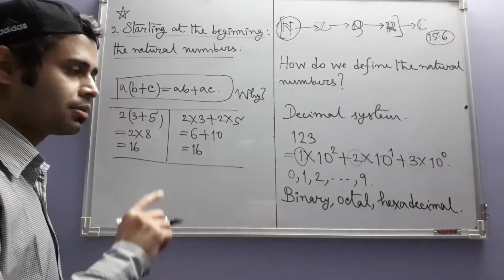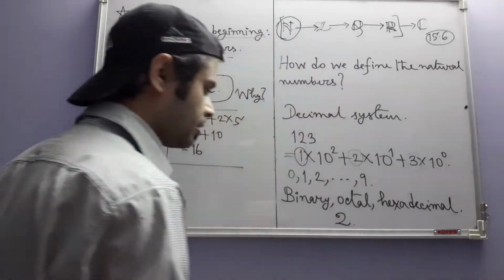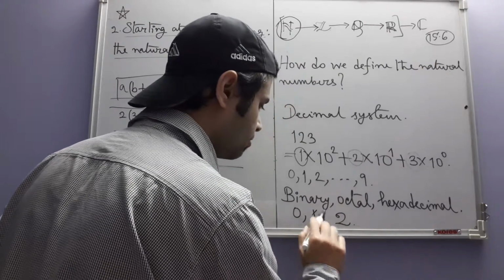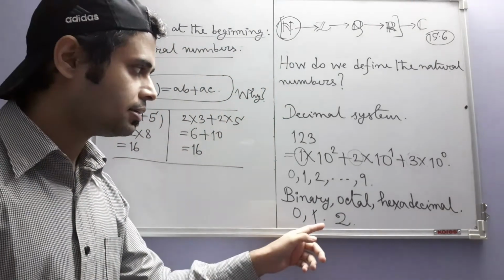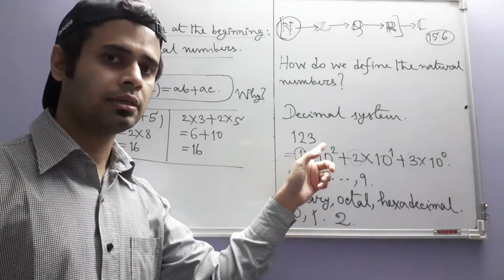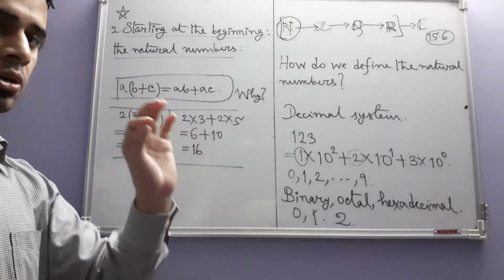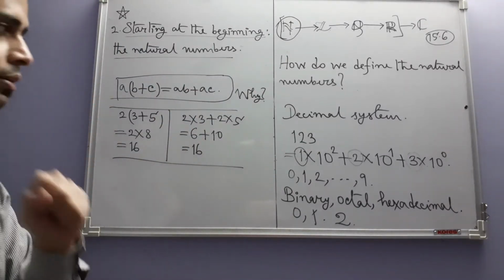In binary system, the base is 2 and there are two characters, 0 and 1. So anything you write in binary, in fact if you write 123 in binary, the characters involved will only be 0 and 1. So do you see one thing?